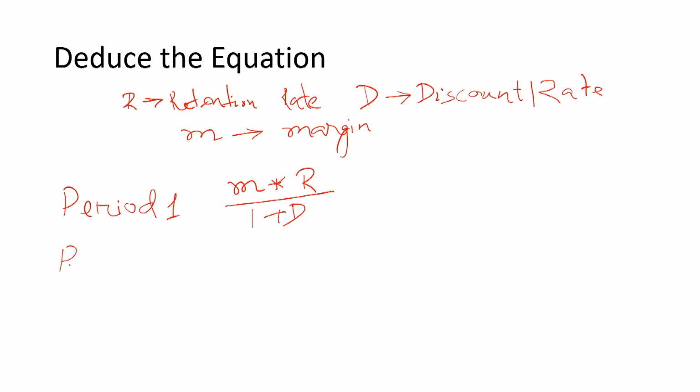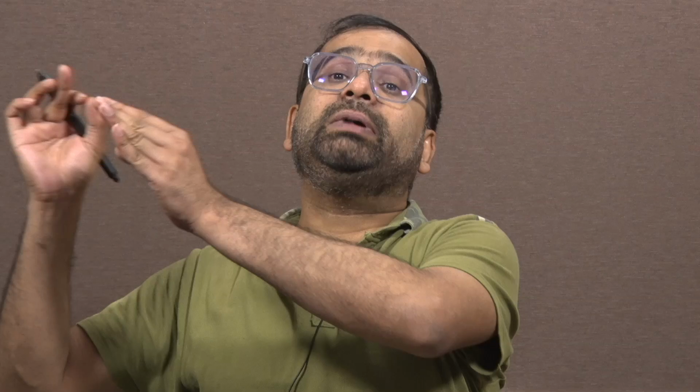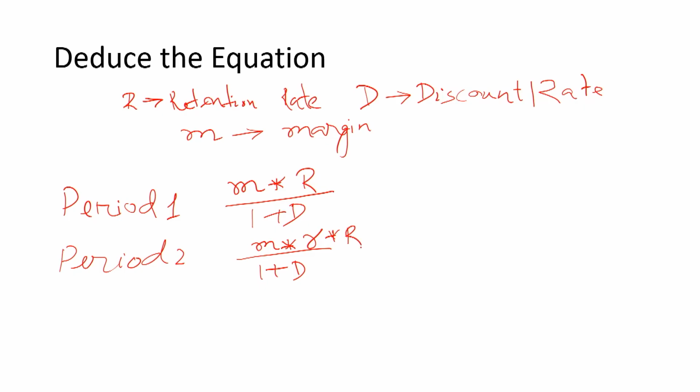Similarly, for period 2, what will be the value? So, in period 1, we have this value, right. M into R divided by 1 plus D. Now, again because in period 2 there will be a lesser number of customers as compared to period 1, and that lesser number can be reflected with a multiplication by R. Sorry, this will also be capital R, fine.